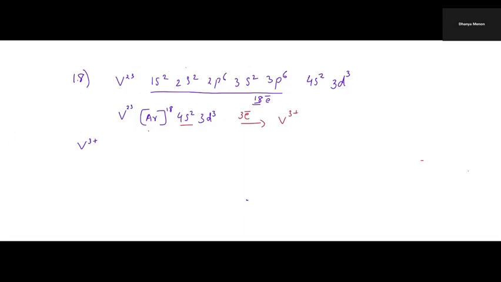So the configuration is 4s0, 3d1, because it has lost 2 electrons from the s orbital and 1 electron from the d orbital. After removing from s, only then can it remove from d. Okay, so this is the configuration of the vanadium ion.